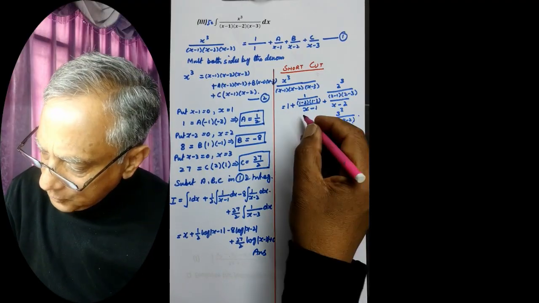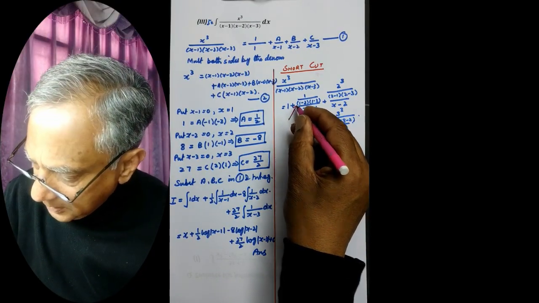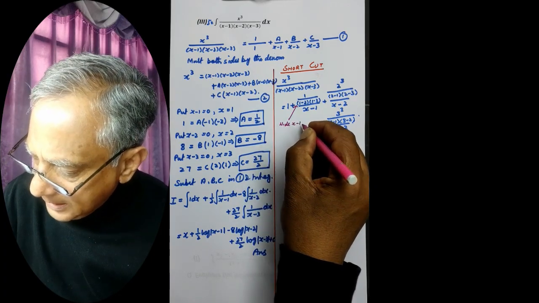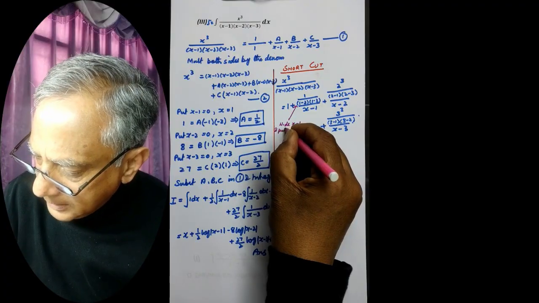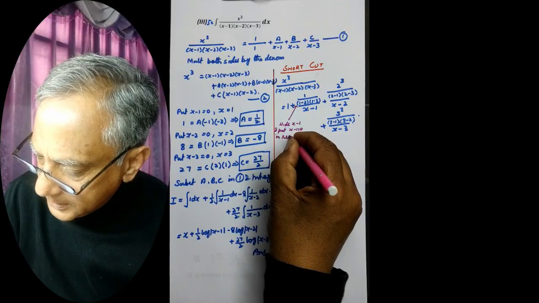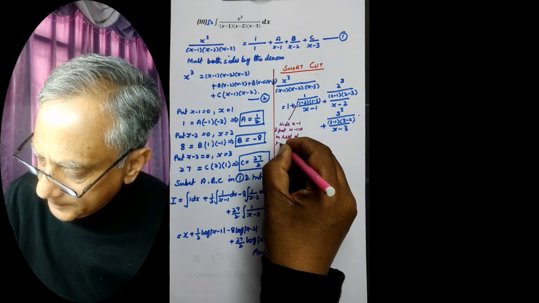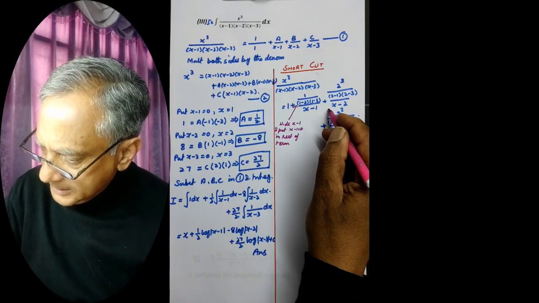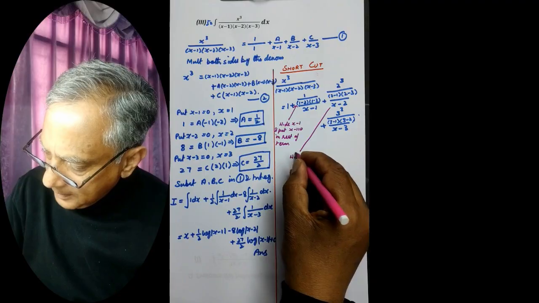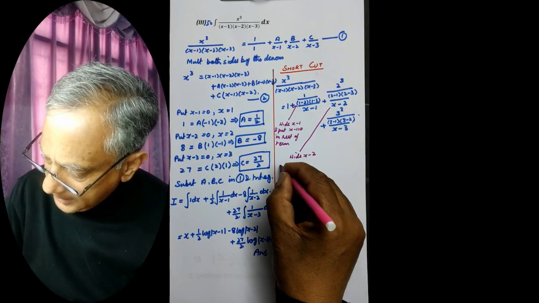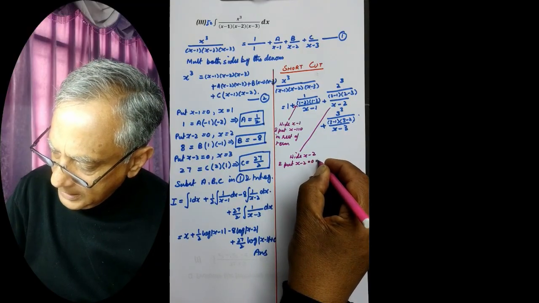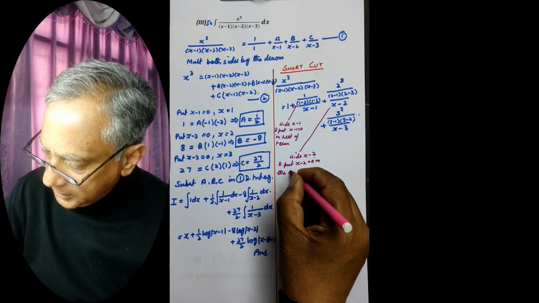So the rule is, for this, hide x minus 1 and put x minus 1 equal to 0 in the rest of the term. For this, we hide x minus 2 and put x minus 2 equal to 0 in the rest of the term.